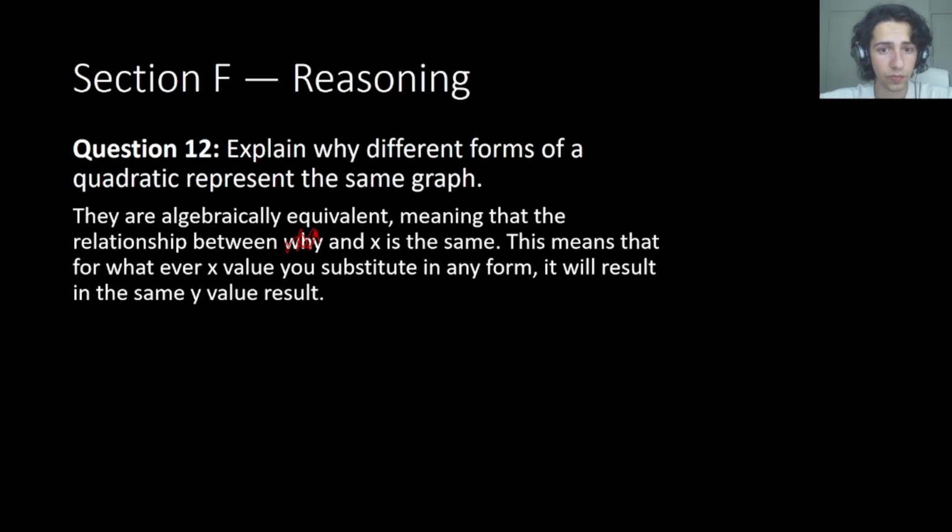And this means that for whatever x value we substitute, we will get the same y value result. So this means that if we were to put a 1, for example, into a standard form, substituting it for x, and y gives us 5, well then even if we put it in a vertex form or in a factorized form, it will still give us y is equal to 5. Now let's move on.